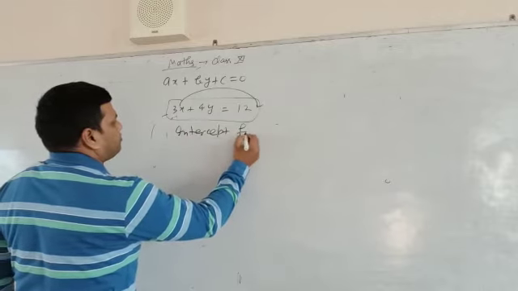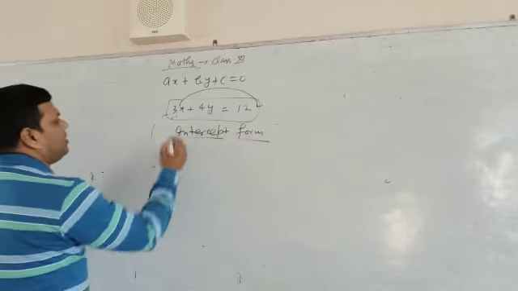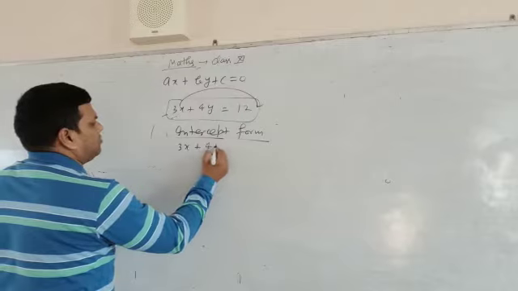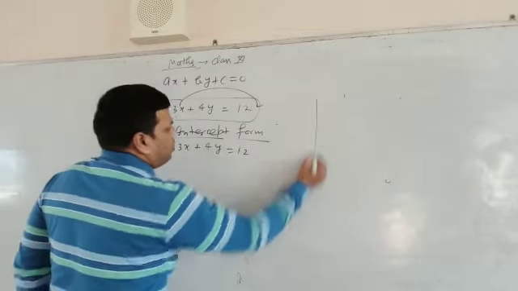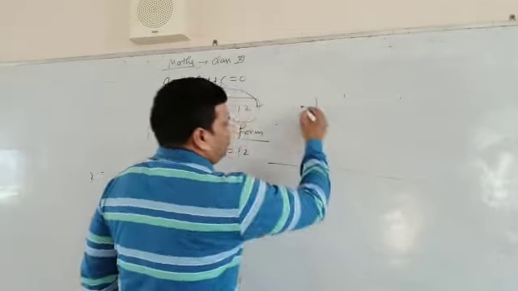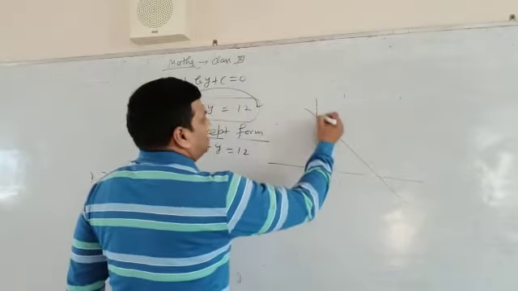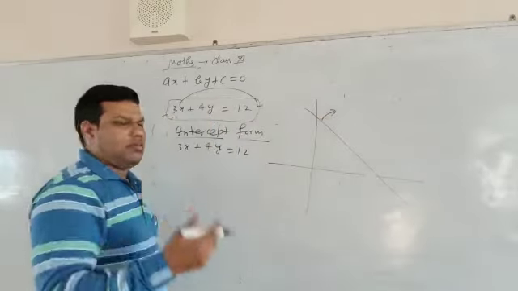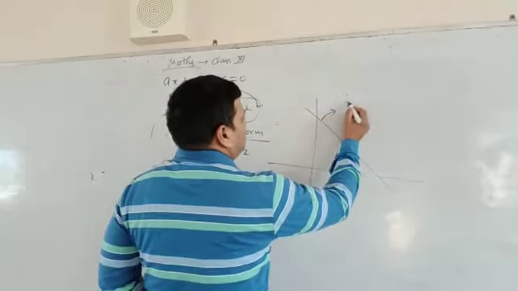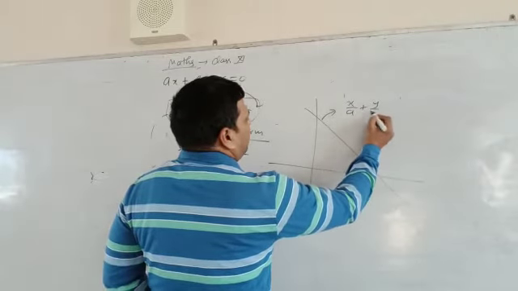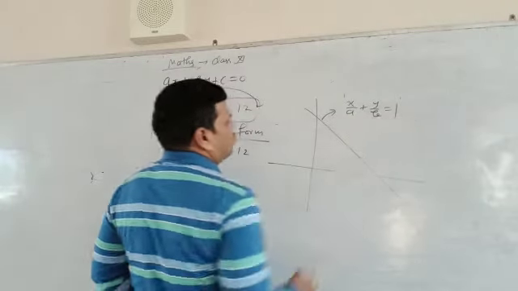You can see there, if we have been given 3x plus 4y equals to 12, what is the intercept form? First of all, I can tell you, this has been given earlier also. That is the equation x upon a plus y upon b is equal to 1.